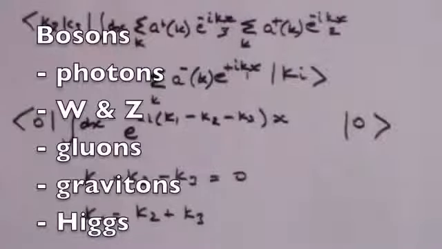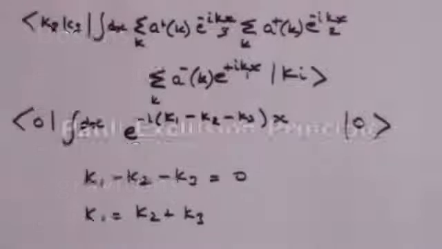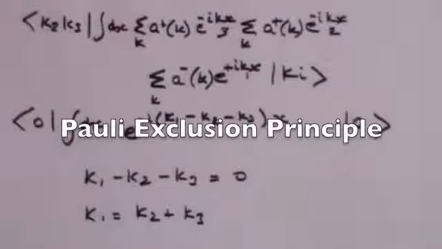Whereas bosons are things like photons, the W and Z bosons, gluons, and possibly even gravitons, and of course the Higgs boson. Those are all bosons. Now the essential difference between fermions and bosons is that the Pauli exclusion principle applies to fermions, but it doesn't apply to bosons. And why does that matter?